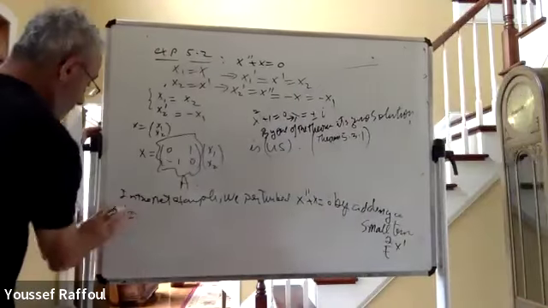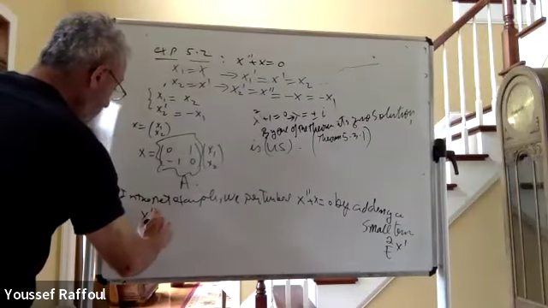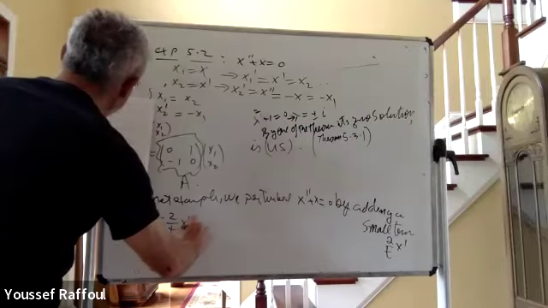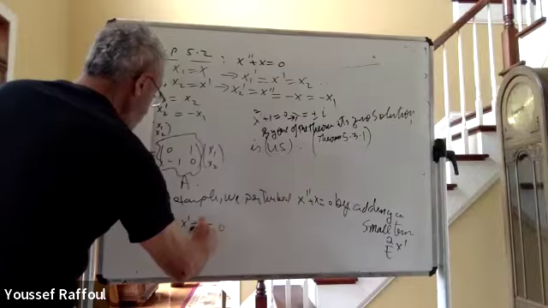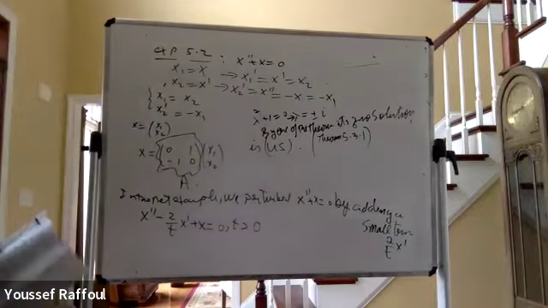So now, we're going to consider x second minus 2 over t x prime plus x equals 0 for t positive.